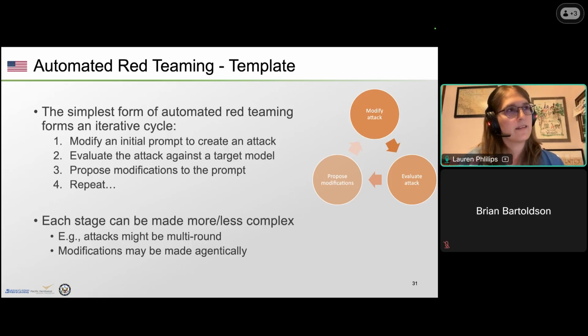So I think the most important thing to think about is that you need to have some way of determining whether your attack was successful and then modifying the attack so that you can identify other vulnerabilities. Each stage of this can be made more or less complex. So we'll show a simple example and a more complicated example.